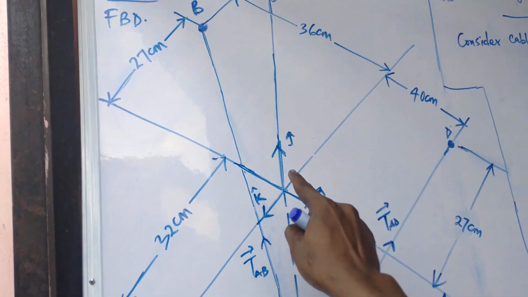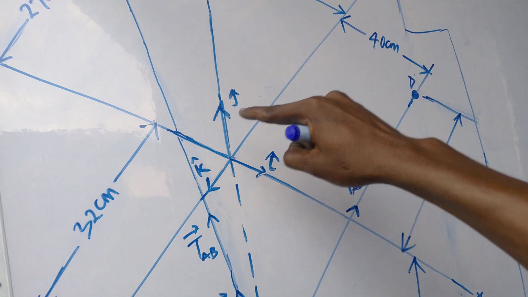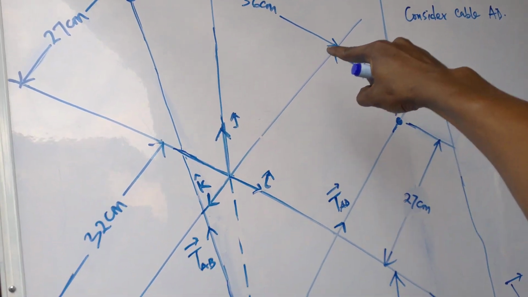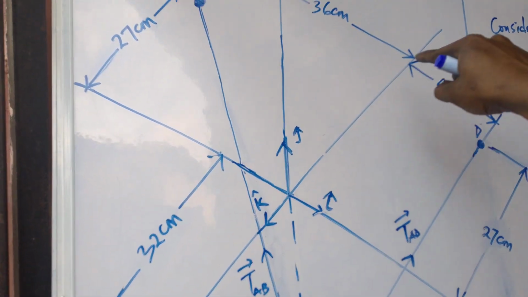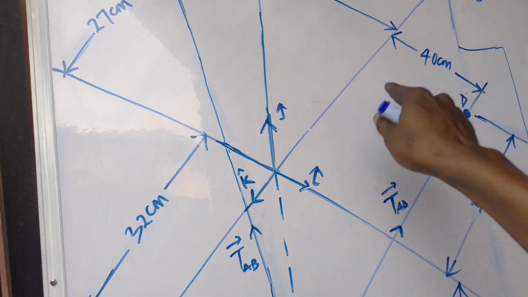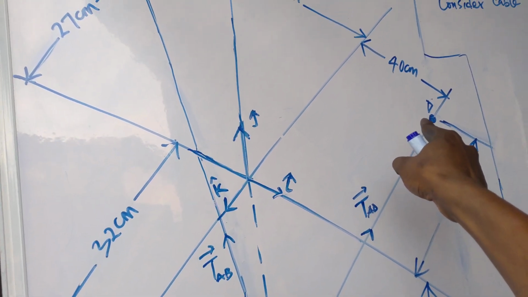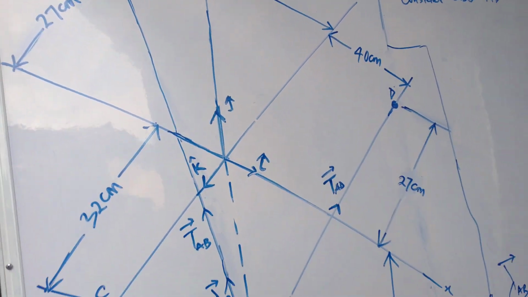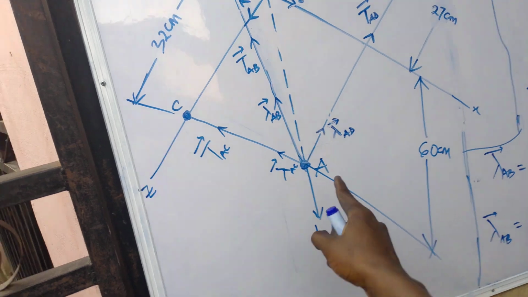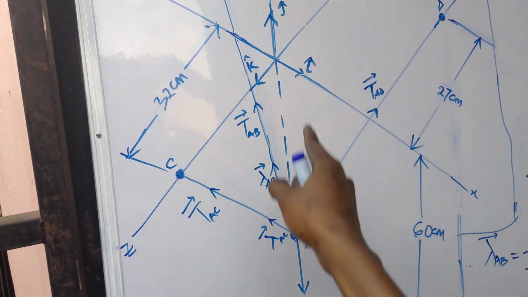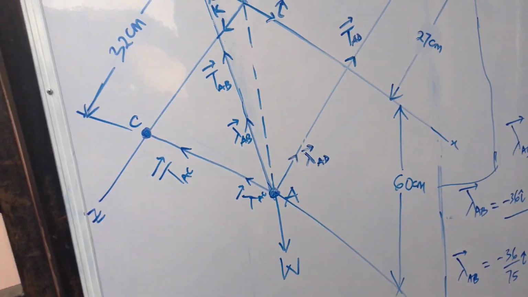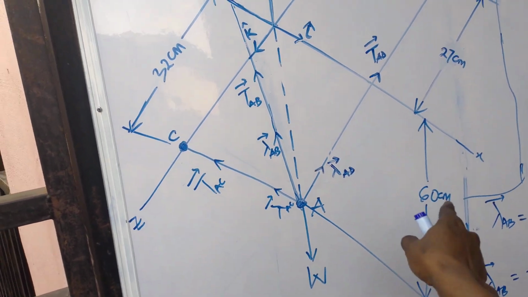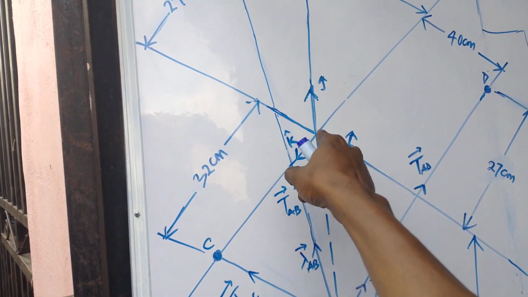When I get to this point, I move again, that will be minus 27k. Then I move down to this point, plus 40i. That's the 40 there.